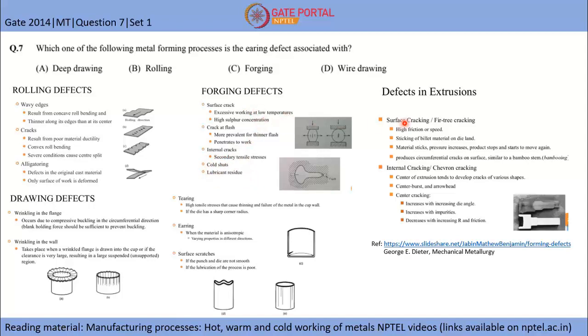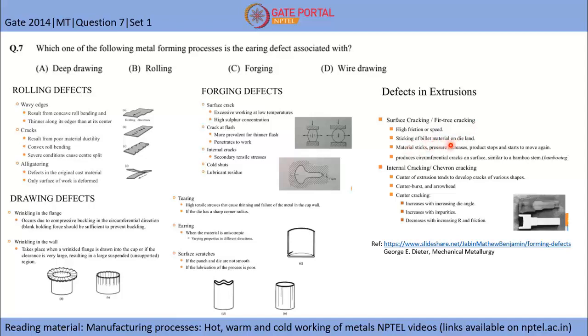Coming to the defects in extrusion. What happens in extrusion is surface cracking or fir tree cracking. In extrusion you push a workpiece through a nozzle, right? If the friction or speed is high, it may lead to cracking at the surface. This is known as fir tree cracking.